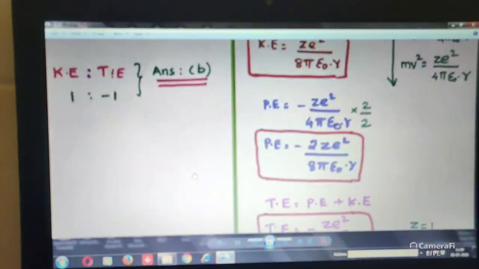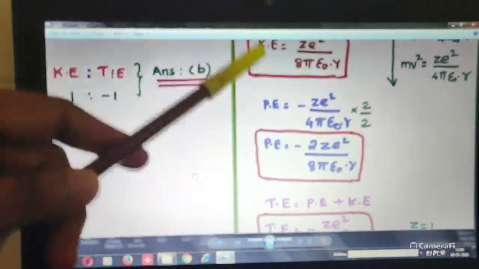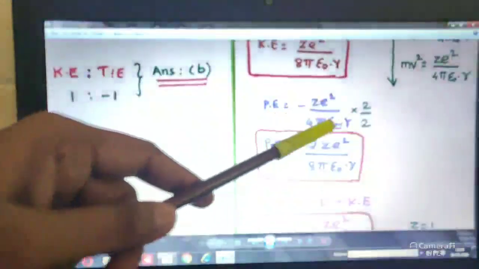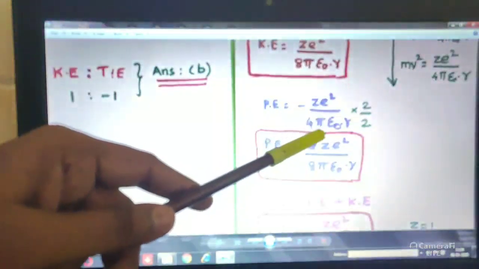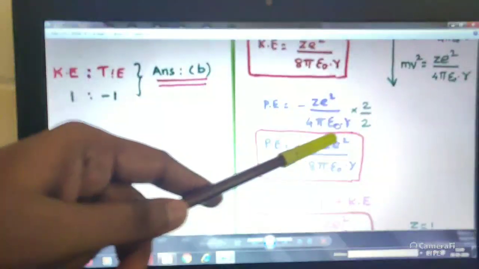The same thing only. Here the potential energy between the nucleus and the electron we can write as minus Ze squared, minus represents the electron, so minus Ze squared divided by 4π epsilon naught into R.